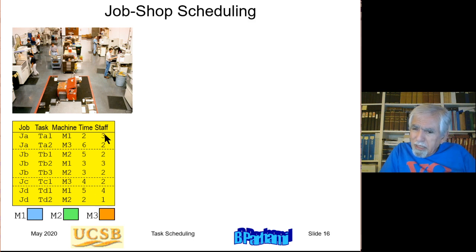And then it requires a certain number of staff to do that task together. Okay, so it's fairly complicated. And the manager basically early in the morning may come into the machine shop and try to figure out the best way to assign these jobs and their tasks to staff members and to machines.